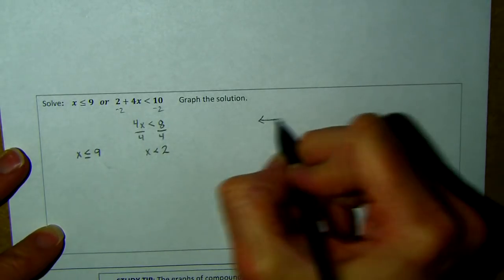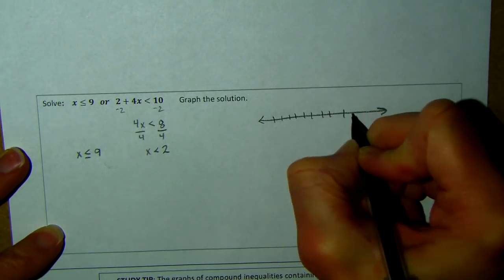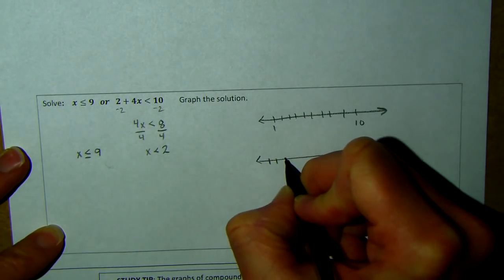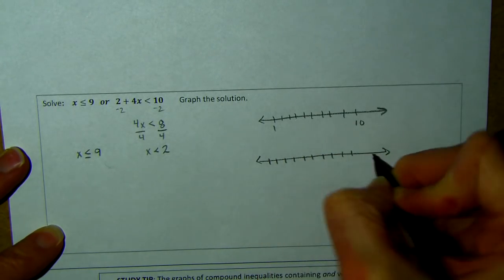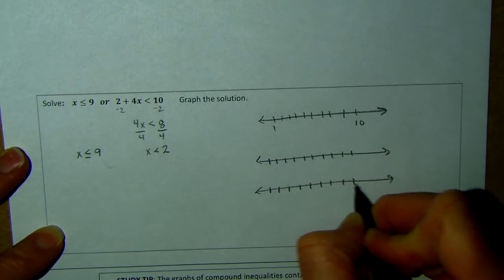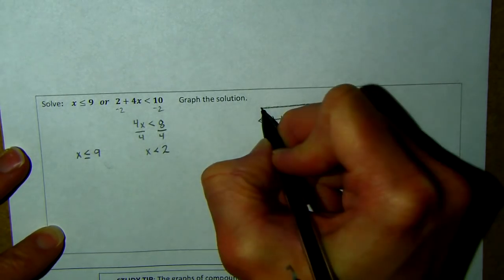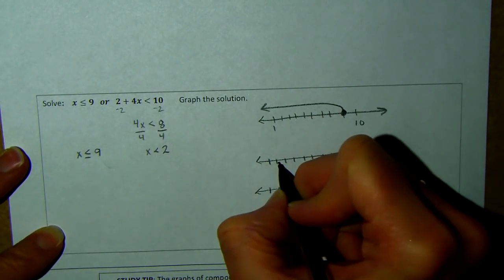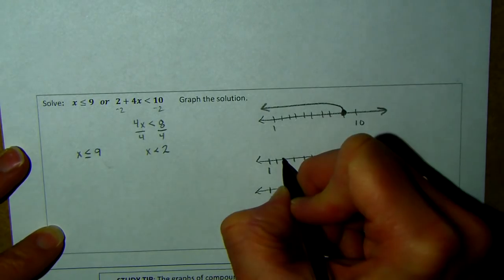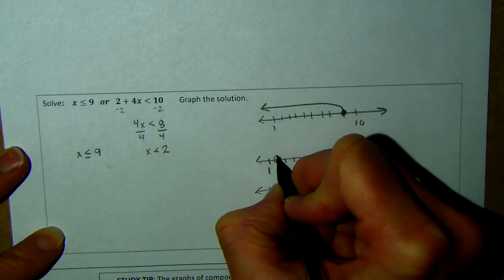Okay, if I were to graph these two, 1, 2, 3, 4, 5, 6, 7, 8, 9, 10. So that first one looks like this. The second one looks like this.